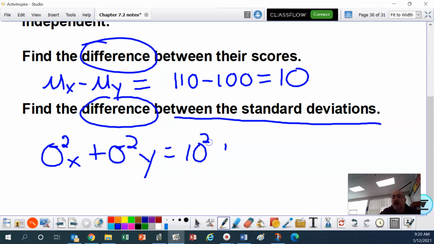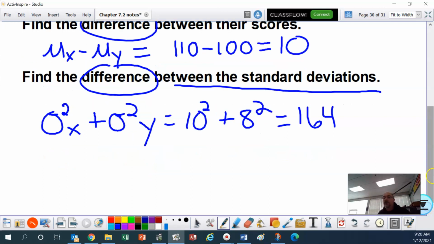That's going to give us 100, make sure I'm doing my math right here, 164. Yes, 164. Okay, here we go. We're going to wrap this up, folks, because I think we have gone long enough. So now, to find the difference, I take the square root.